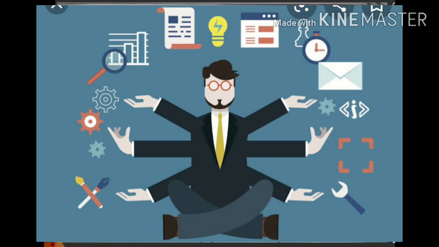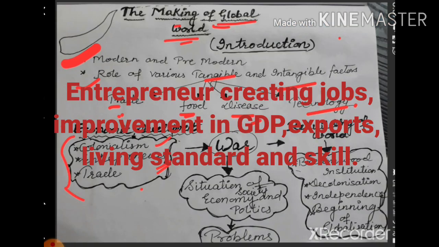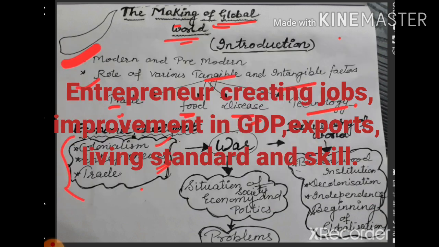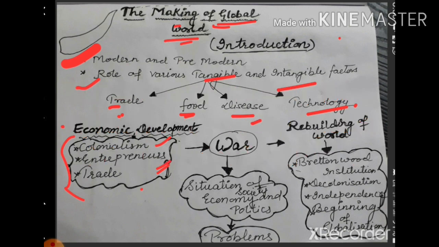Then we see the next one, the role of the entrepreneur. An entrepreneur is a person who sets up a business, creating jobs and contributing to improvement in key areas such as gross domestic product, exports, living standard, skill development and community development. The person who moves forward to develop in all these fields and starts a new business is called an entrepreneur, and the entrepreneur always combines different factors of production like land, labor, and capital for running his business.